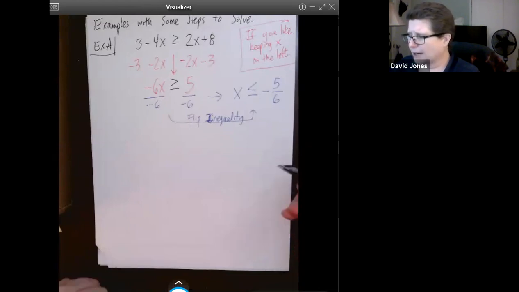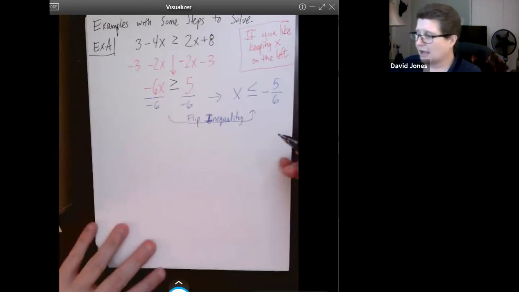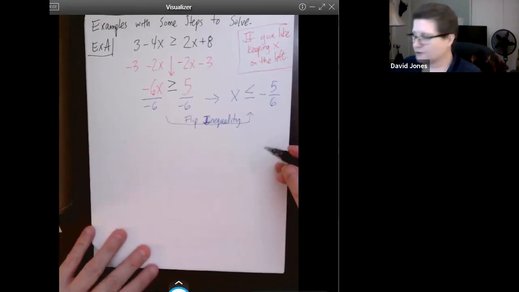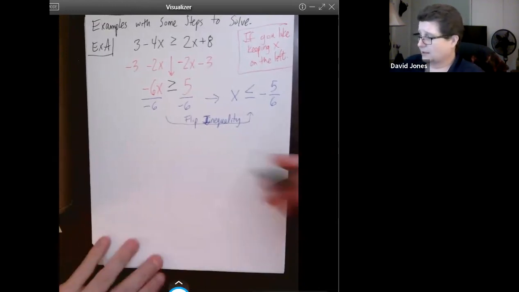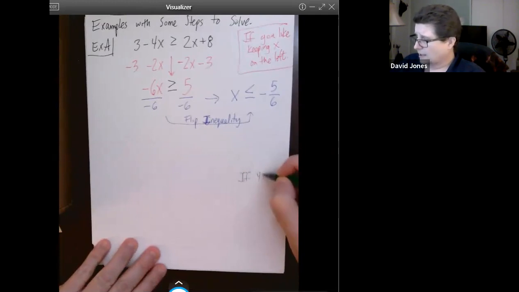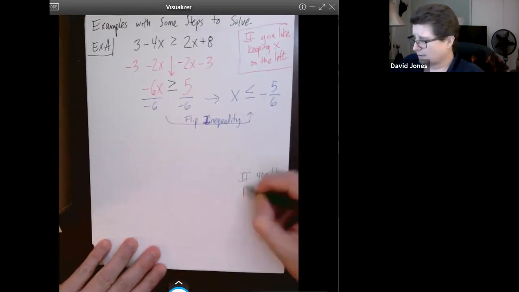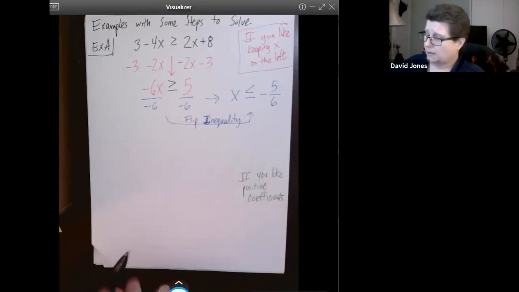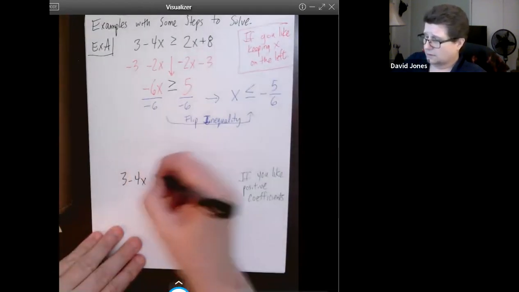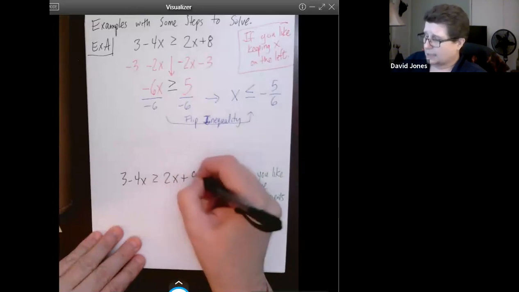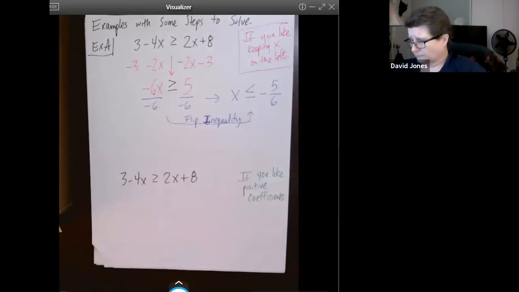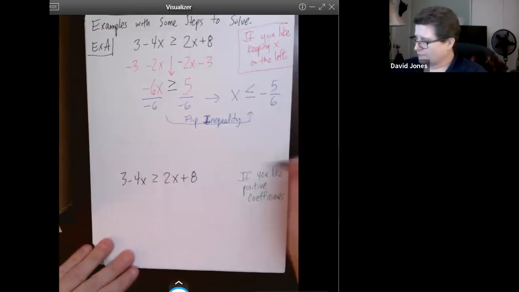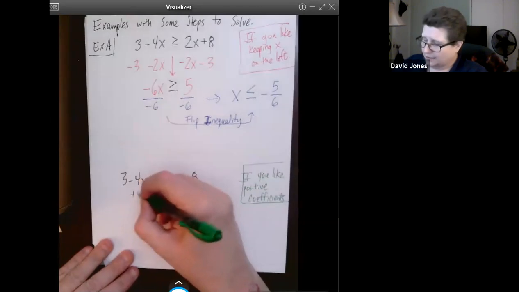Now, before I graph it and write the interval notation, let's say you like keeping the coefficient positive. If you like positive coefficients. Remember, coefficients are the number in front of the variable. We'll do the same problem, 2x plus 8. Here, I'm going to add 6x to both sides, or 4x to both sides to get it off of the left side.